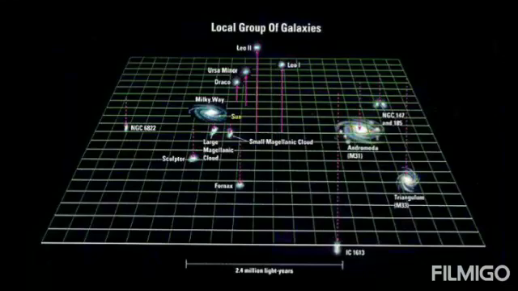It's 3 megaparsecs across, a group of at least 47 galaxies. It is dominated by the Andromeda Galaxy, which is the largest, the Milky Way Galaxy and the Triangulum. The remainder are small dwarf galaxies.